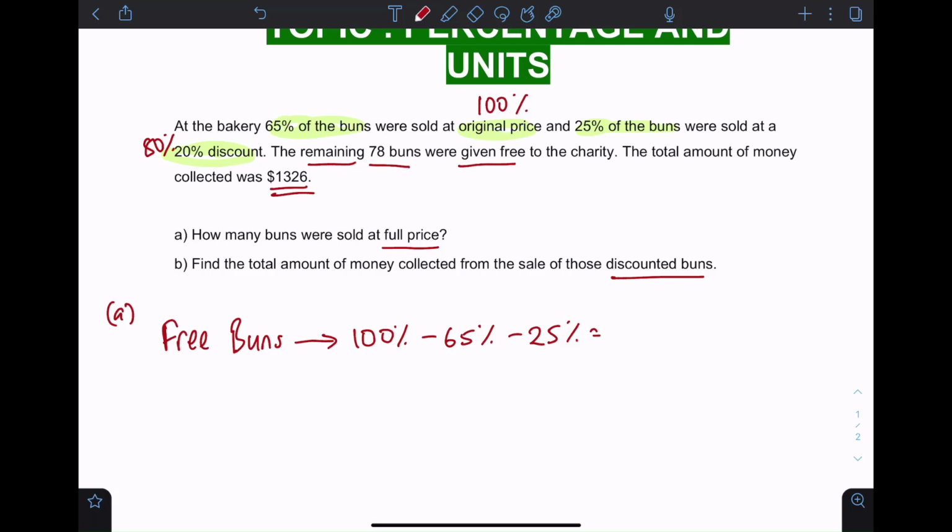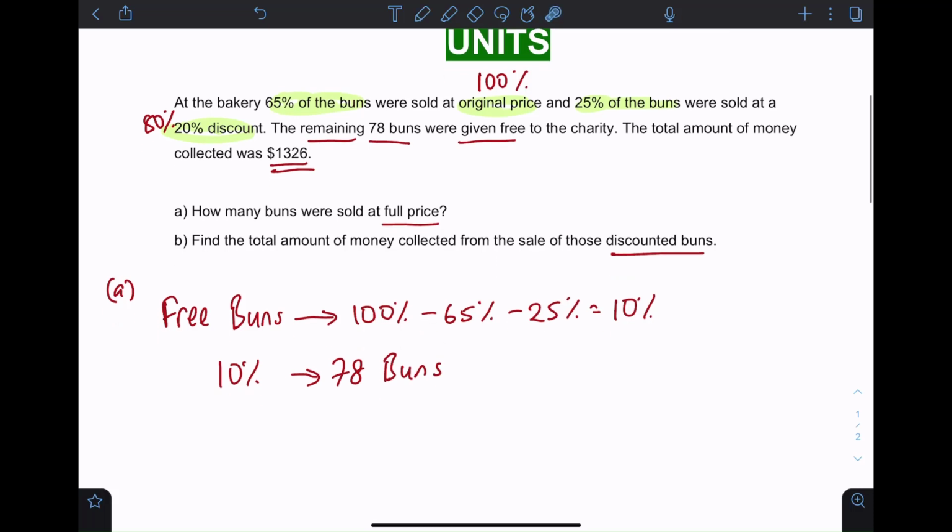You can use a calculator for this question, and you'll just get 10% of buns that were given away for free. So that 10% represents 78 buns.